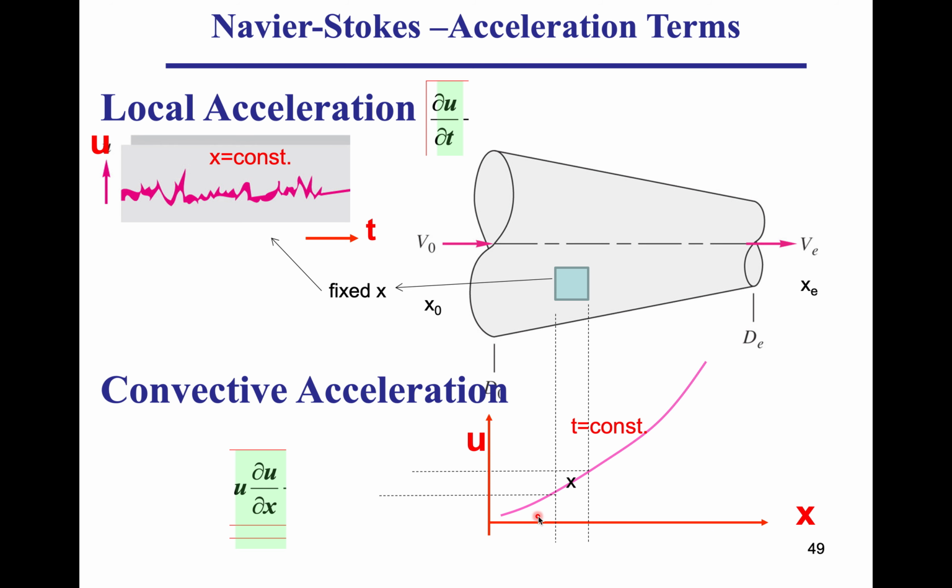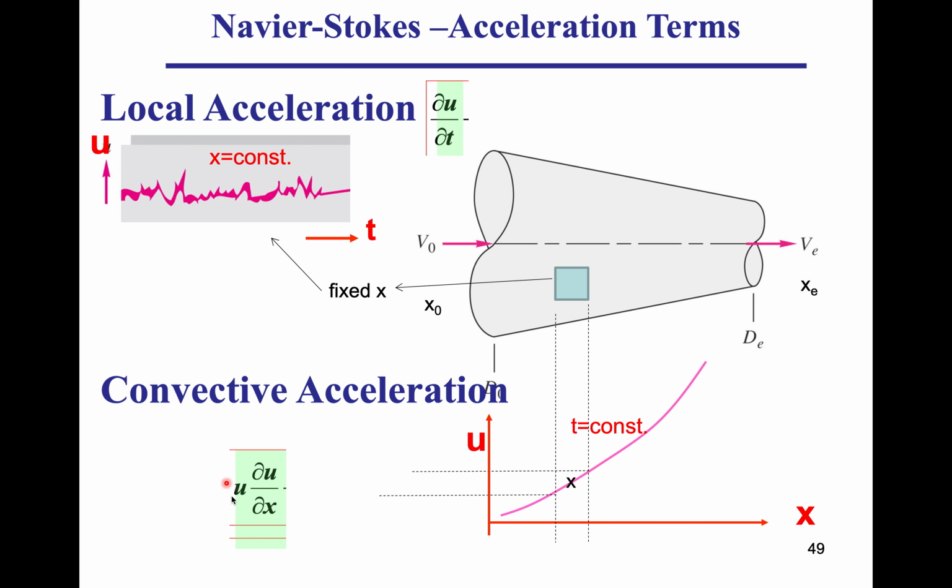And if you look at this cube, we have a variation of velocity delta u between the inlet and the outlet. My velocity u has changed by an amount of delta u over a distance of delta x. So that's my du by dx. And you multiply that by the velocity at the center of this cube.